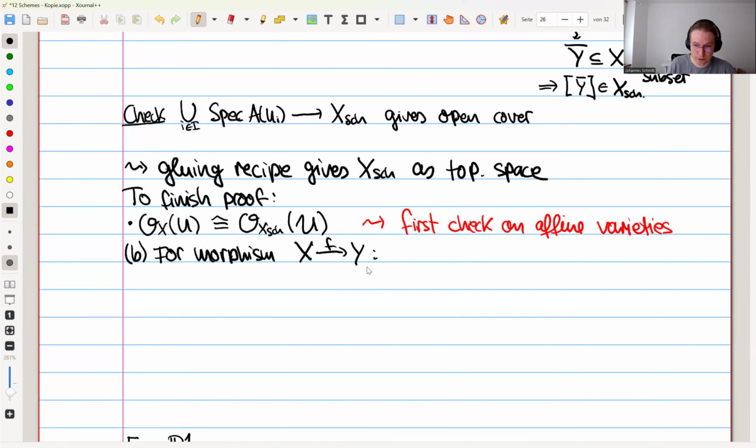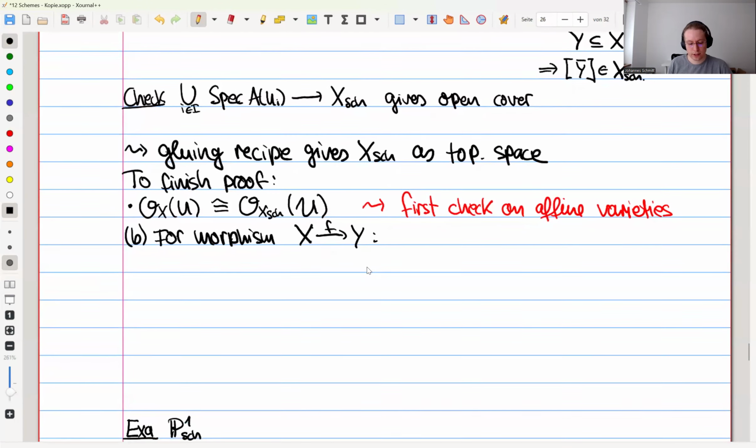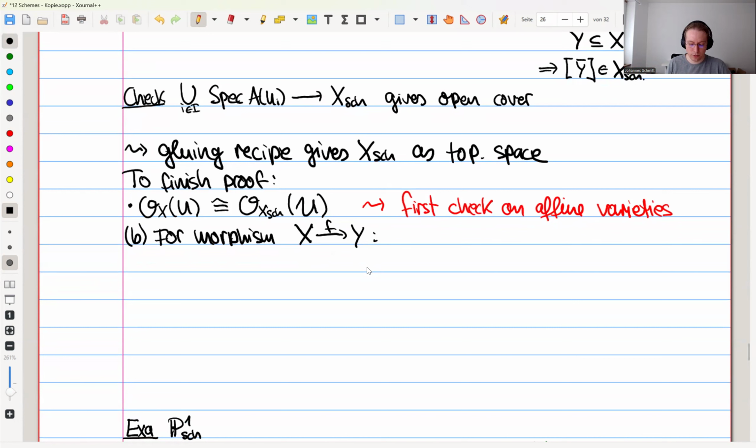And how you do it is, when you want to construct these compatible covers, you always must start with the target.